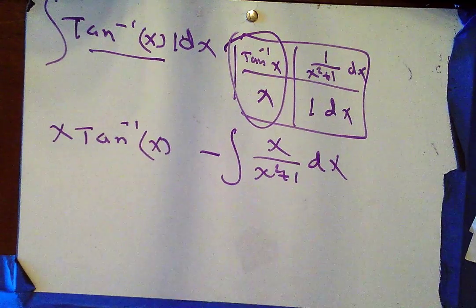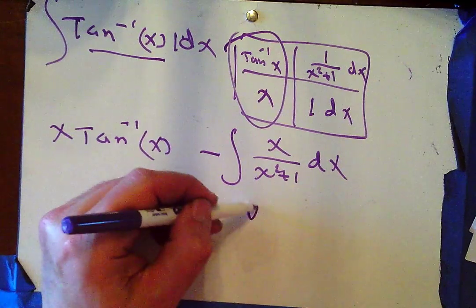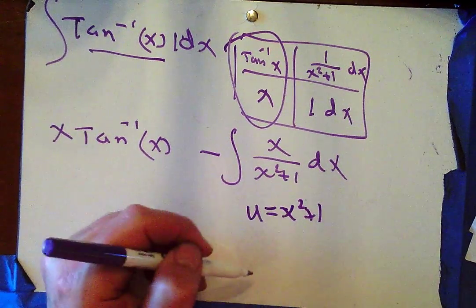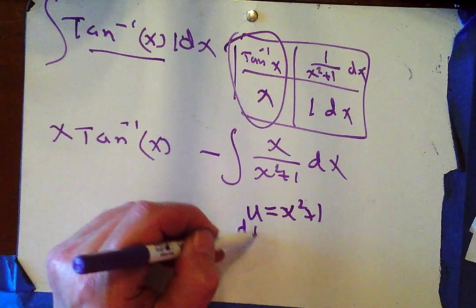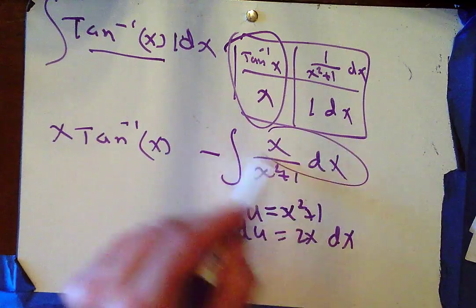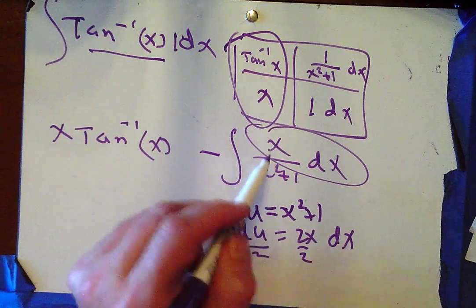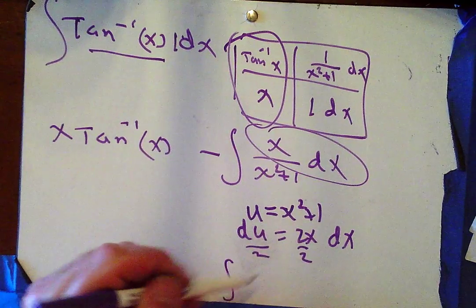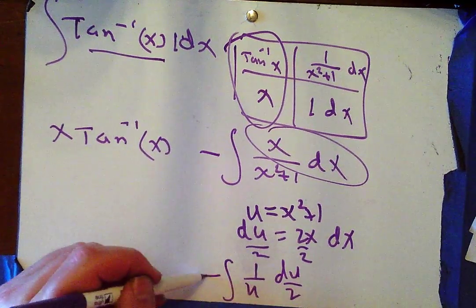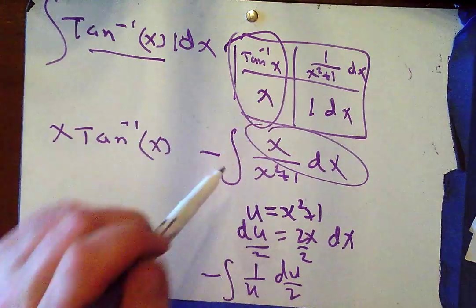Now what about this part? How do you do the antiderivative here? Yes, u sub, where our u is x squared plus 1, because our du would be 2x dx. Well, I see an x dx here, so I'm just going to divide by 2. And that means I can replace here the integral of 1 over u, du over 2, and we already took care of that part from here.